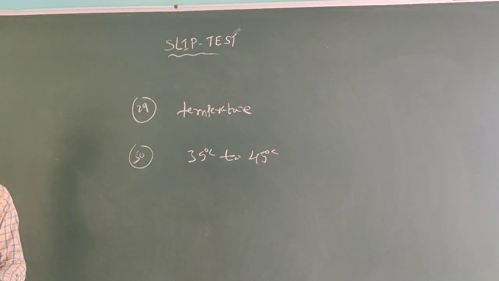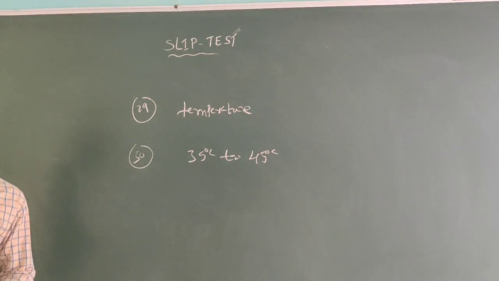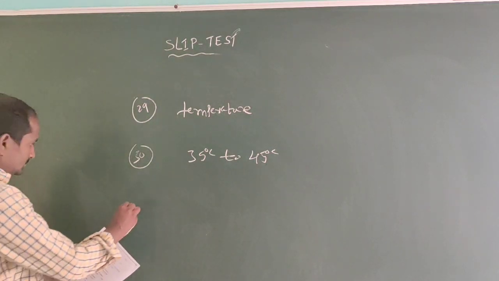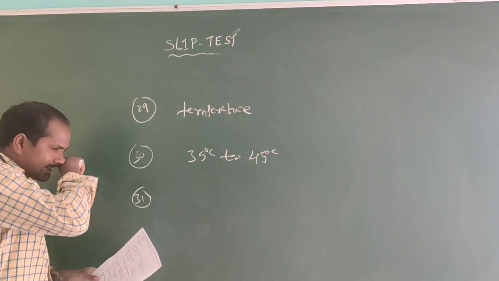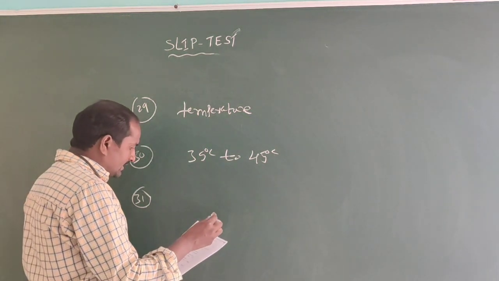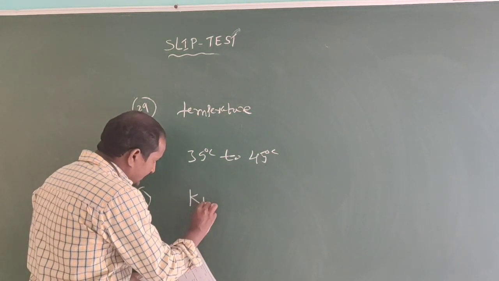Okay, next, what prevents the falling of the mercury level on its own? Ink prevents the fall of the mercury level. So ink is the answer.